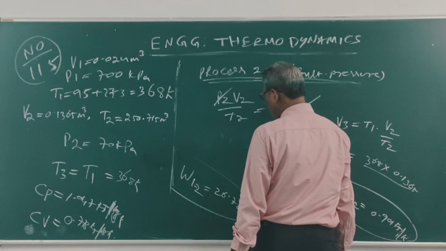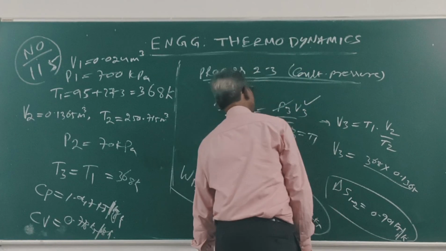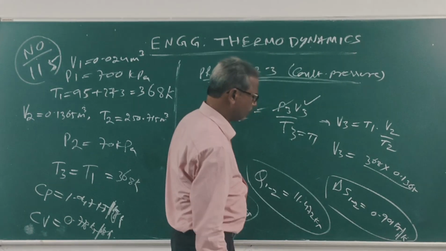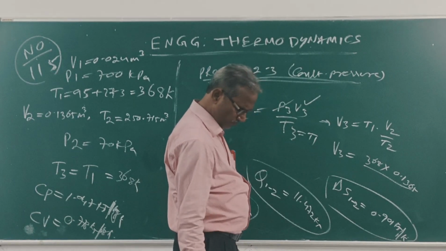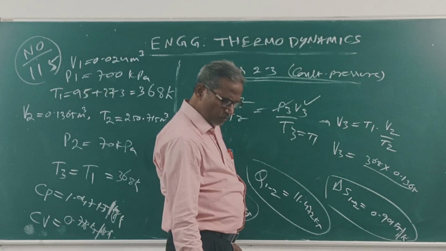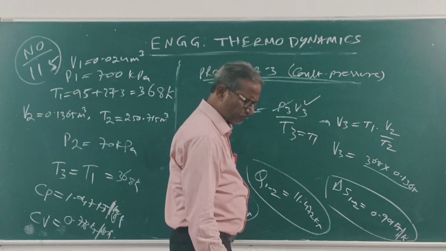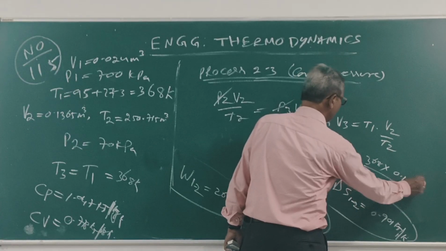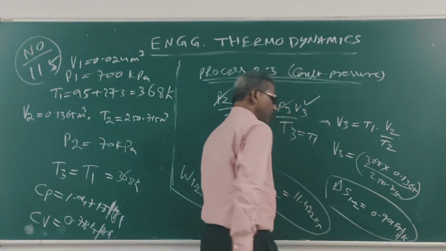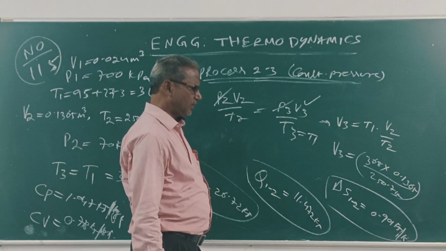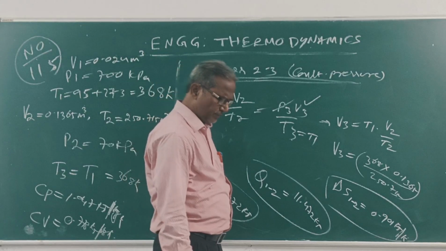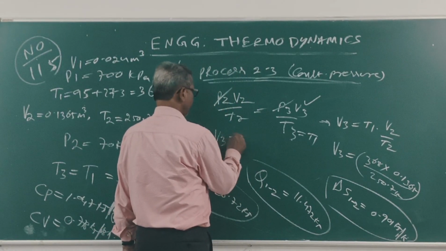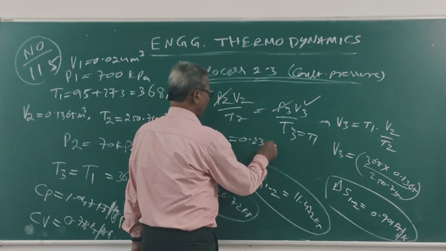T2 is equal to 250.715. Clear? Use calculator. Find the value of V3. V3 is equal to 0.2398 cubic metre.